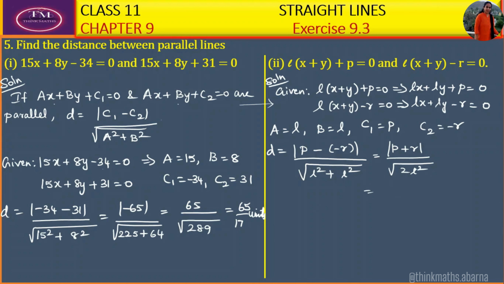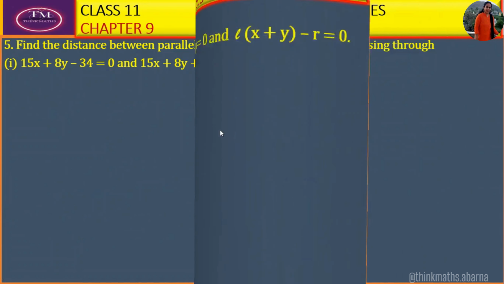Now this L square, if you take it out of the square root, it will become L. This power 2 and root get cancelled. So L can be taken out of the square root and this 2 is remaining, so it is square root 2. So modulus of p plus r divided by L root 2 is the distance between these two parallel lines. Clear children? Understood? So shall we move on to the next question?